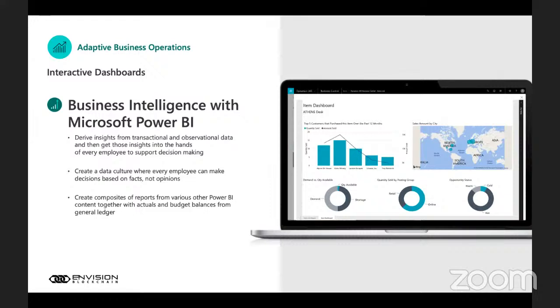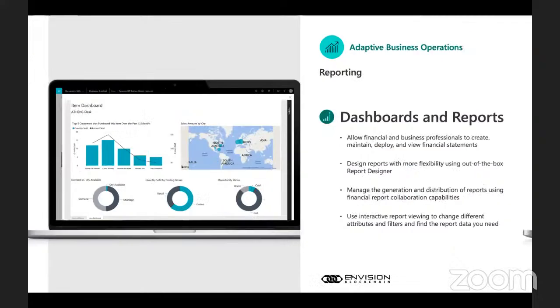And you create a data culture. Now you're making decisions based on data, based on facts, not just opinions. And you create composites of reports from various other Power BI content together. You can string it all together with actuals and budget balances from the general ledger. BI really helps businesses make solid decisions.